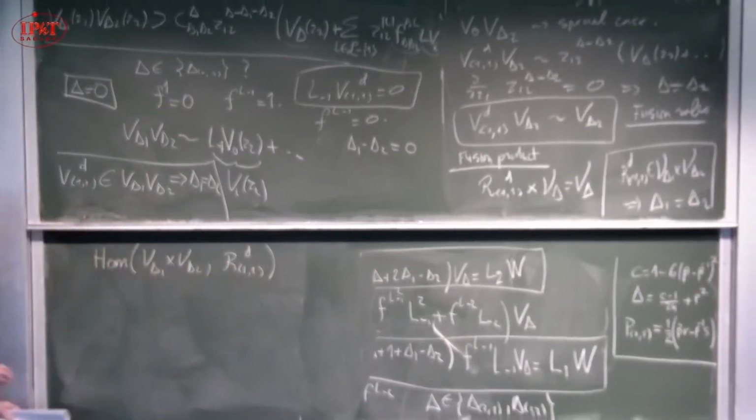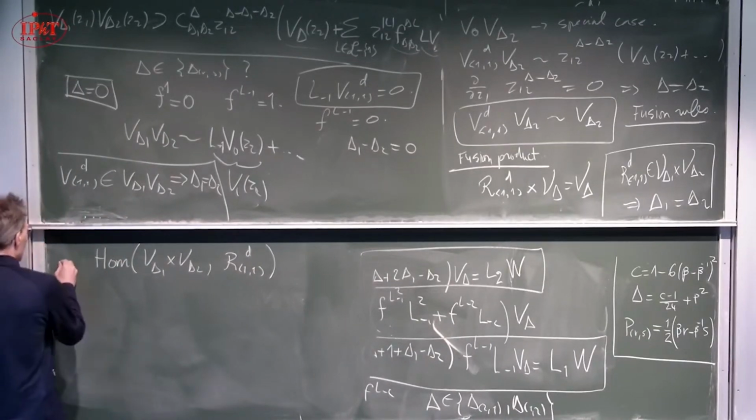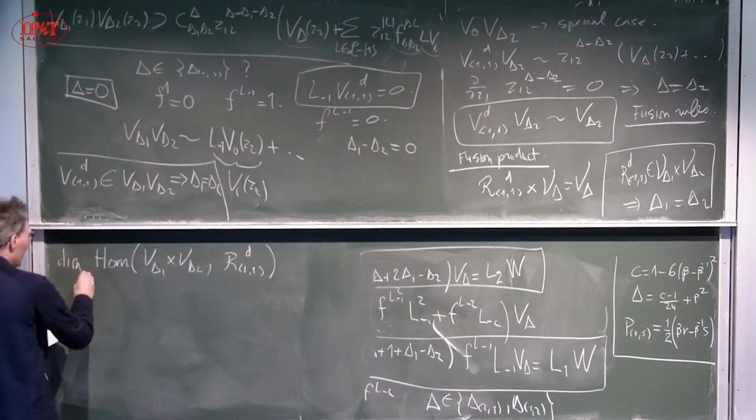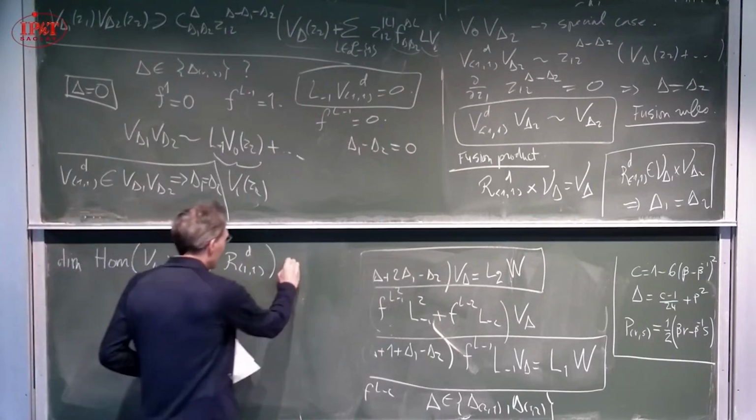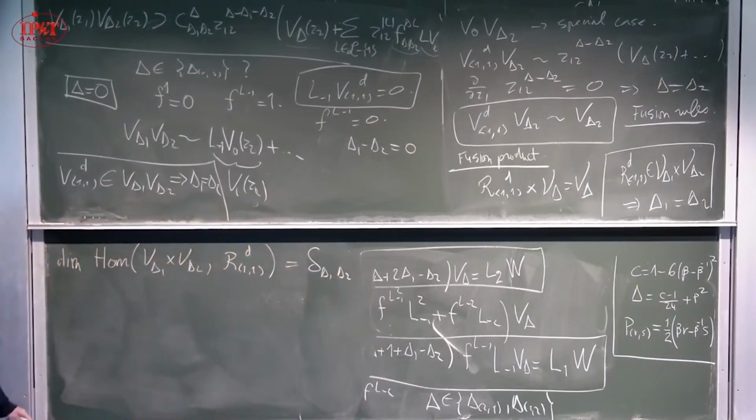By homomorphism, I mean a linear map that commutes with the action of Virasoro symmetry. And the point is that the dimension of the space of homomorphisms is just delta 1, delta 2. So it's 1 if the two dimensions are equal, and otherwise it's 0.